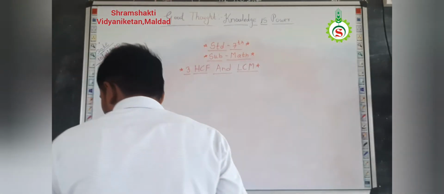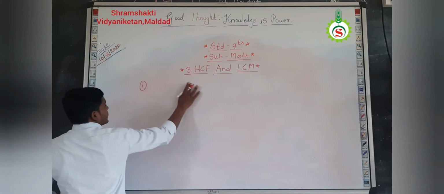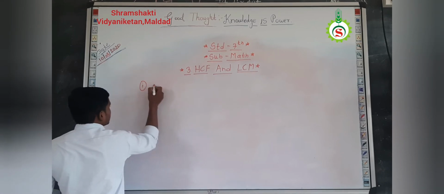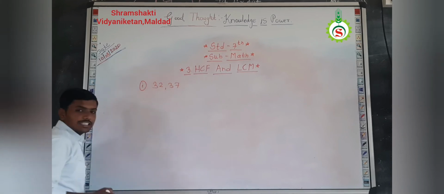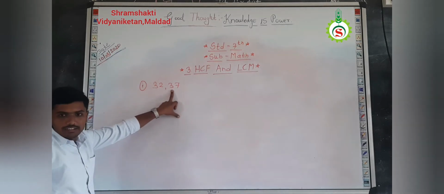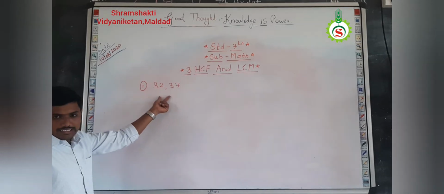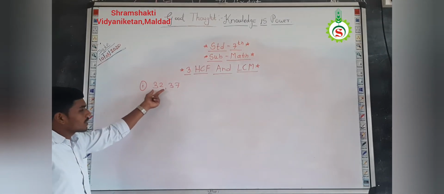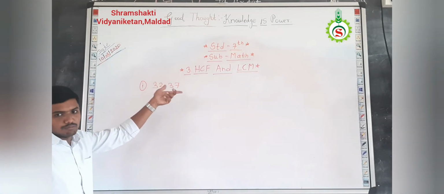So the first example from question number 2 is 32 and 37. And the question will be the same: find the HCF and LCM of the given numbers and verify the product of HCF and LCM is equal to the product of given numbers.